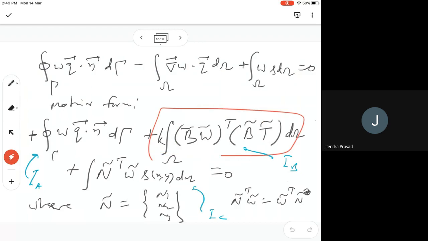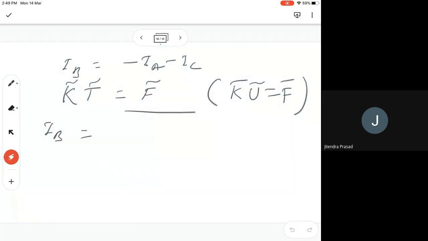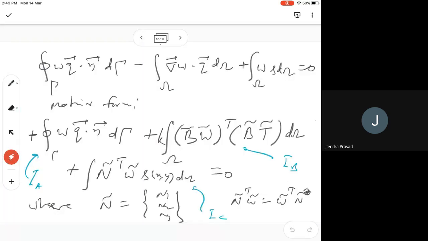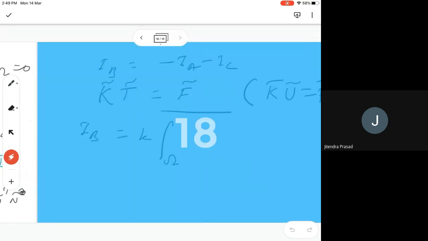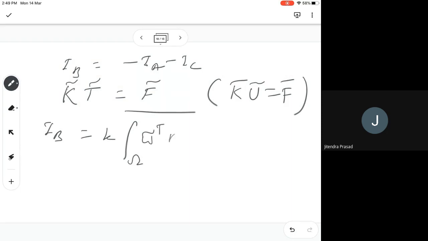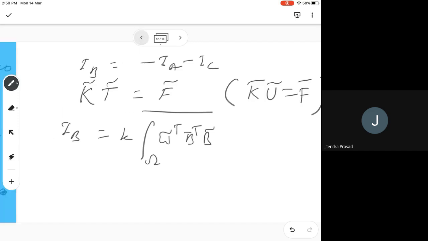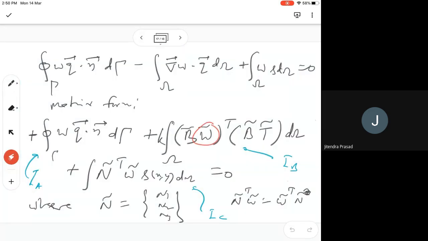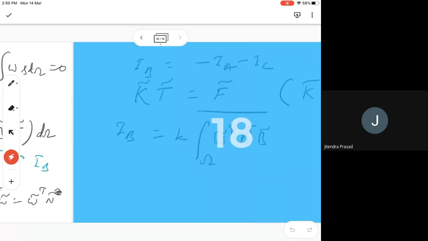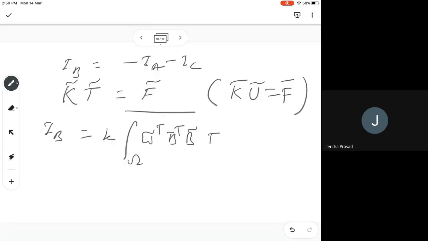This term is K, then for the whole domain we have the transpose of that, so we get W transpose B transpose, then B, then T, times T d omega, right?